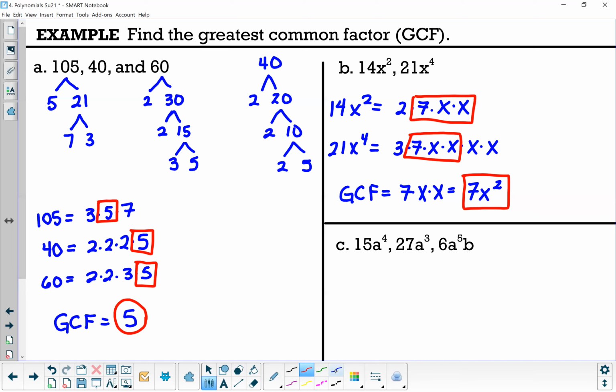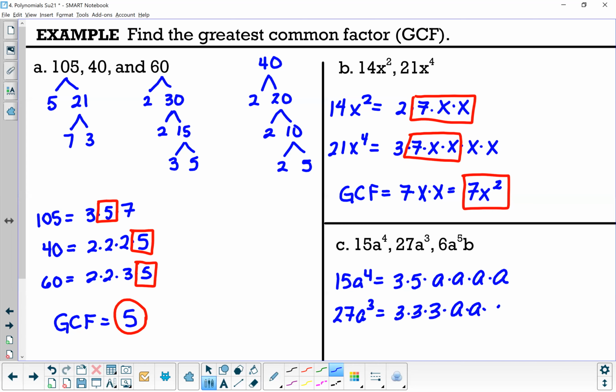If I look at 15a to the 4th, I have 3 times 5 times a times a times a times a. 27a cubed, I have 3 times 3 times 3 times a times a times a.